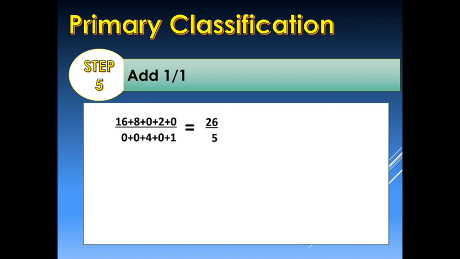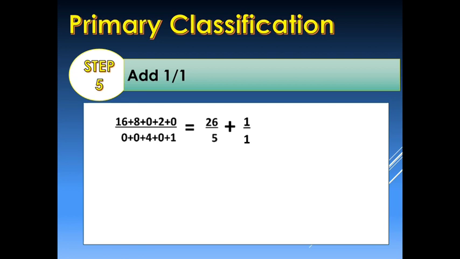So moving on, this is our last step, or the fifth step. After the values for all the 10 fingers are obtained, they are totaled, and the 1 over 1 is added, or 1 is added to both the numerator and the denominator. This 1 over 1 is already constant, or already given, for the primary classification.